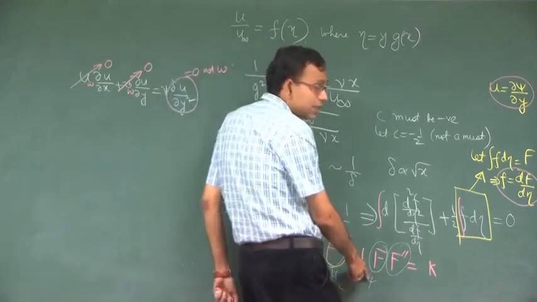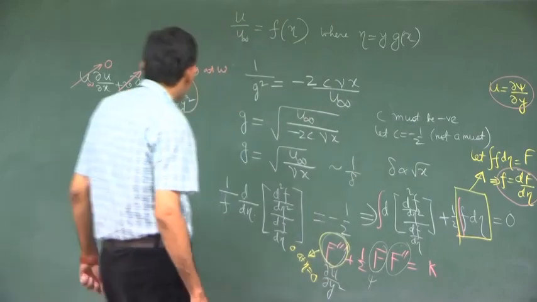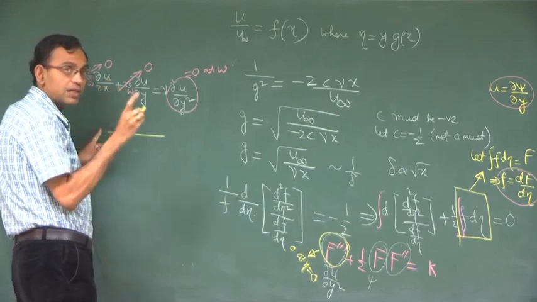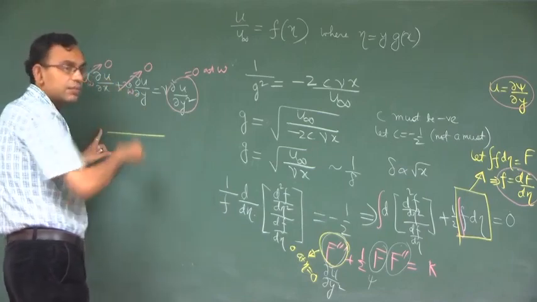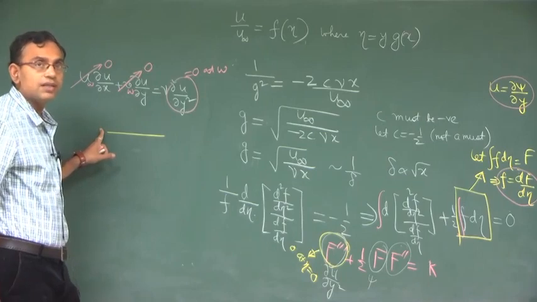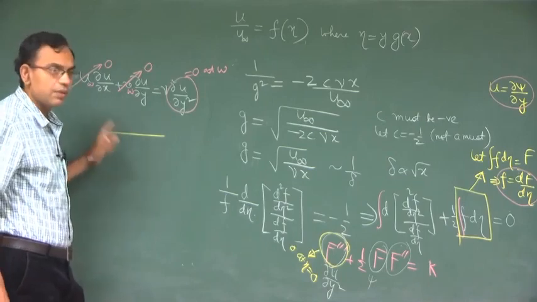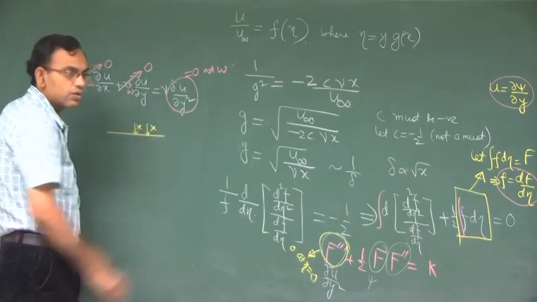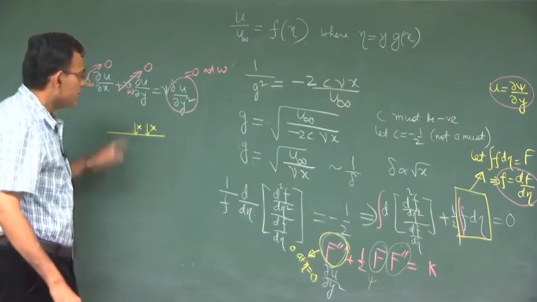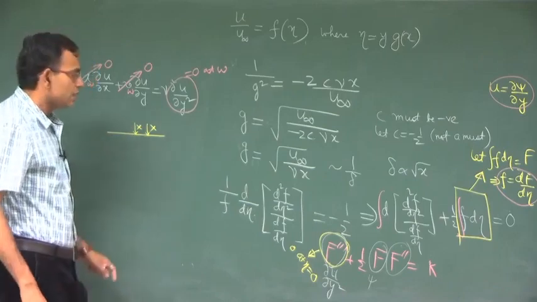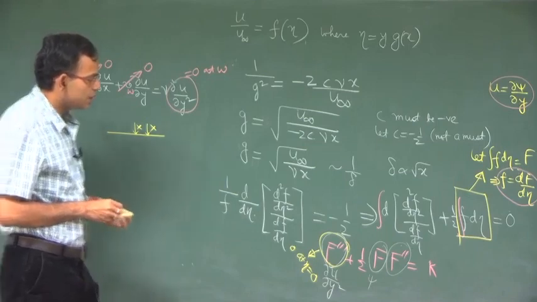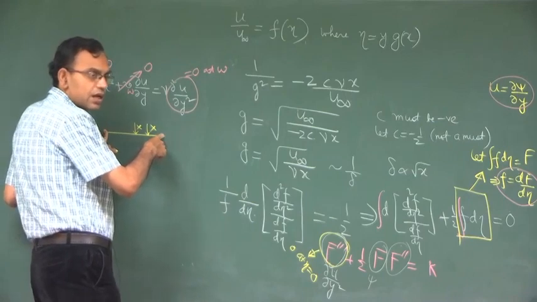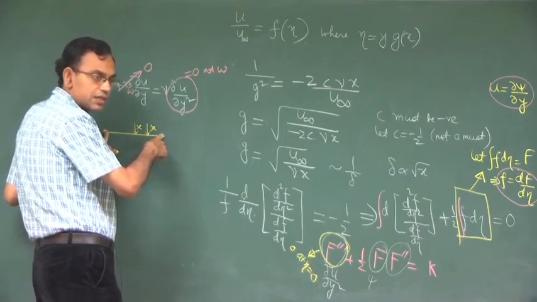The stream function, what is its value at the wall? Remember that the wall is itself a streamline, because by definition there cannot be any flow across the streamline. So, by definition the wall is like a streamline, because you cannot have any such flow until and unless there are holes in the wall. So, the wall itself represents a psi equal to constant line, which is a streamline.